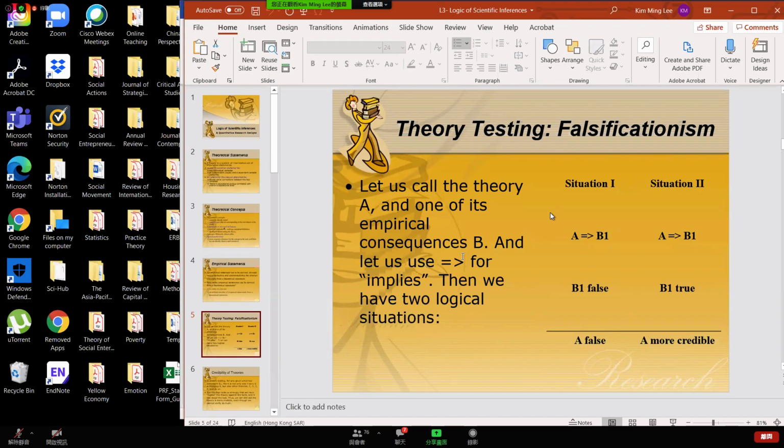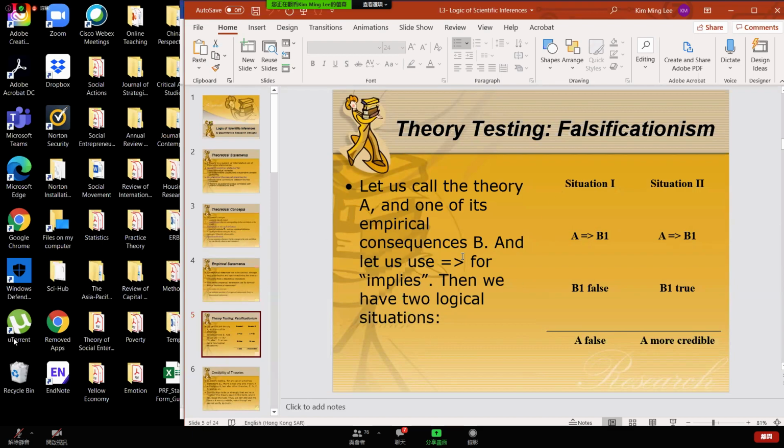In deductive logic, our quantitative research aims at not confirming or demonstrating the truthfulness of a theory. What we do is try to falsify a theory, to prove a theory is wrong, because of this kind of deductive logic. You get what I mean?